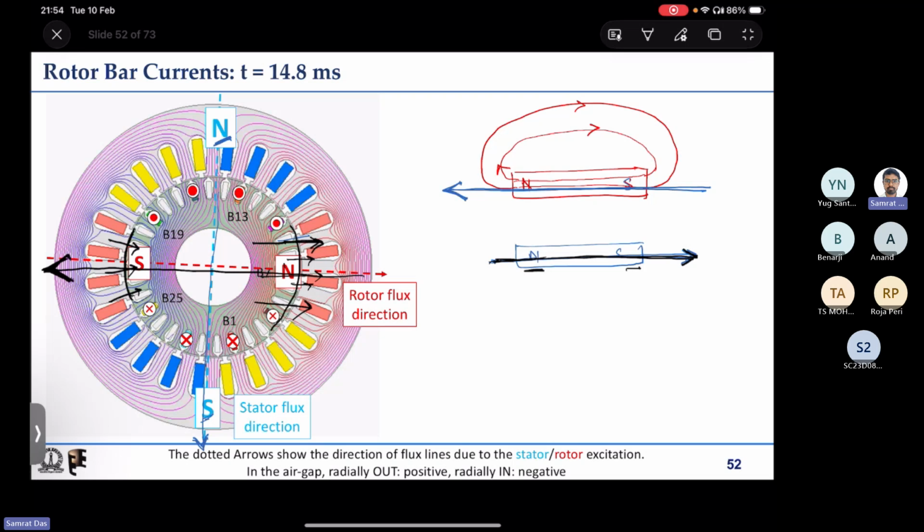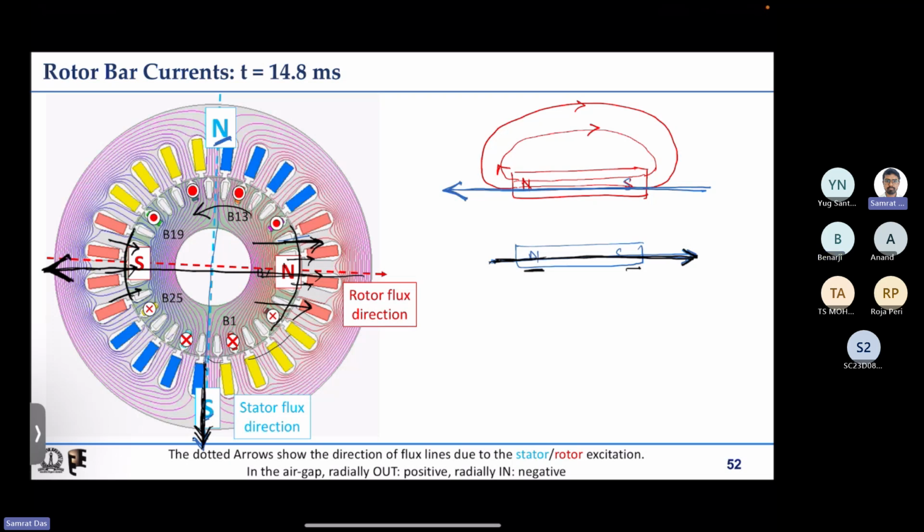From this you can see that in this case the stator field is leading the rotor field, because the rotor is rotating in the anti-clockwise direction. Both are rotating anti-clockwise, so the stator field is ahead compared to the rotor field. So does this answer your question? Yes, sir, clear. Thank you.